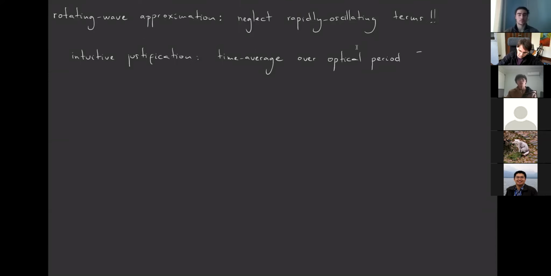Which means that we take the equations at some time t, and then we make an average from time t minus pi over omega to t plus pi over omega.